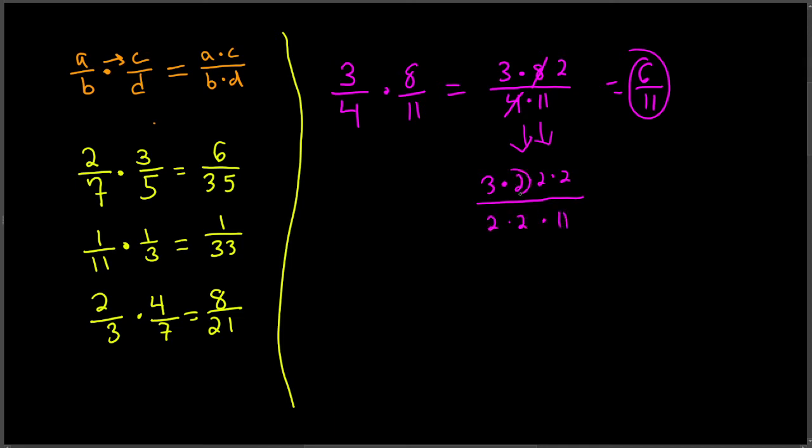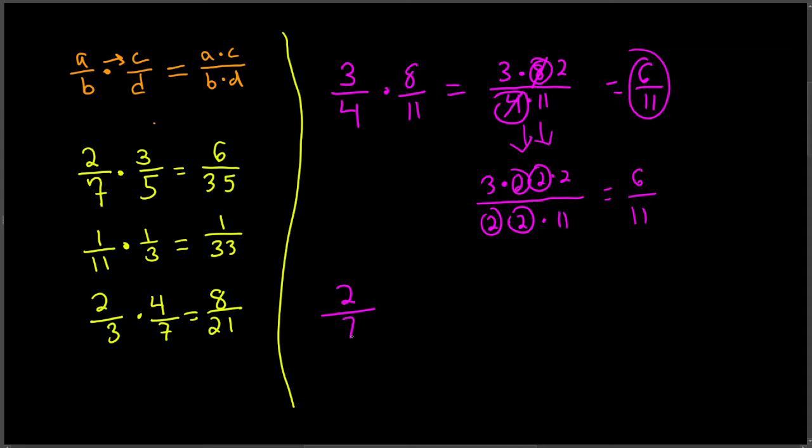And so these prime factors really convert themselves into 1, and I get the 6/11. But sometimes you can recognize that 4 is a factor of 8, and so the 4 will go away and we can get a 2.